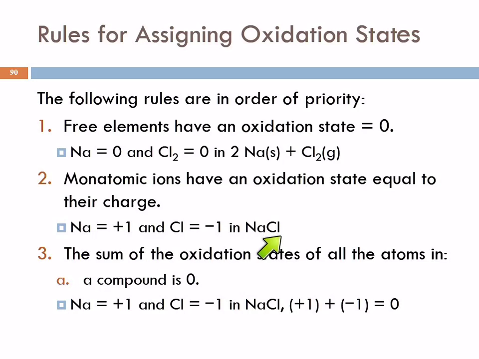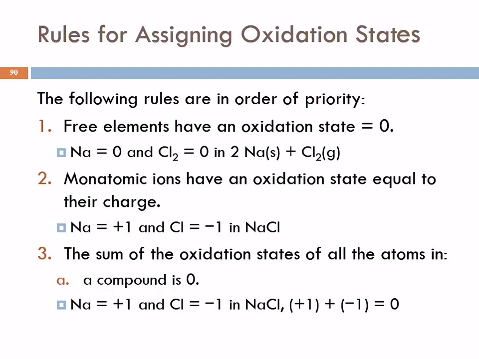Chlorine has a -1 charge, and it has a -1 oxidation state. The sum of the oxidation states of atoms in a compound is 0. So in sodium chloride, where we have sodium and chloride, the oxidation states, +1 for sodium and -1 for chlorine, add up to 0. And that's true for all neutral compounds.